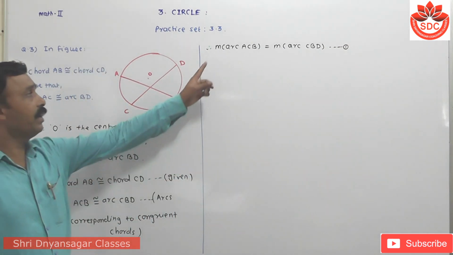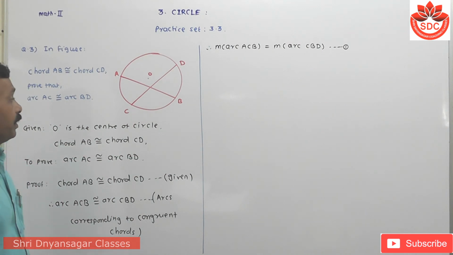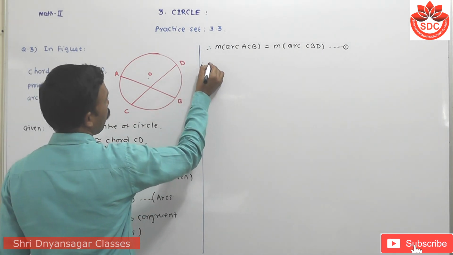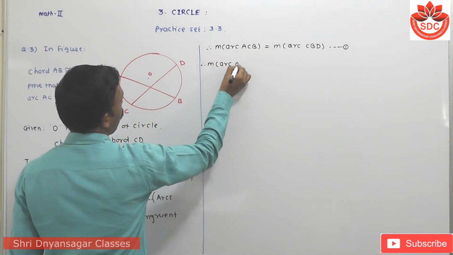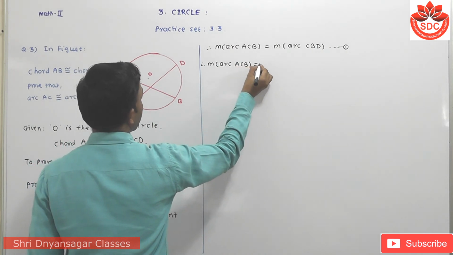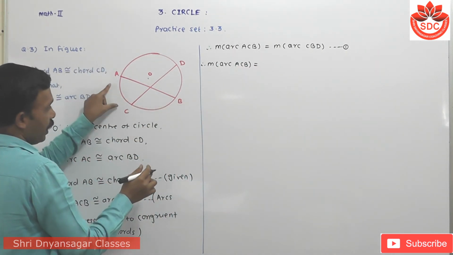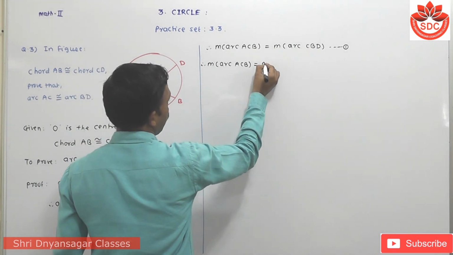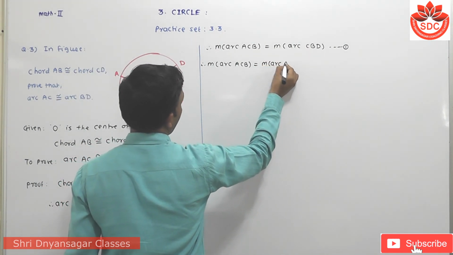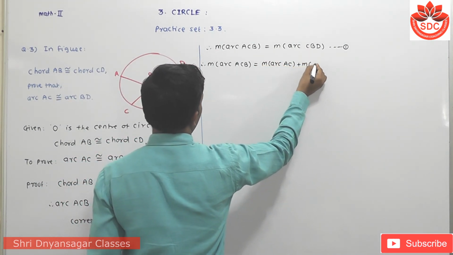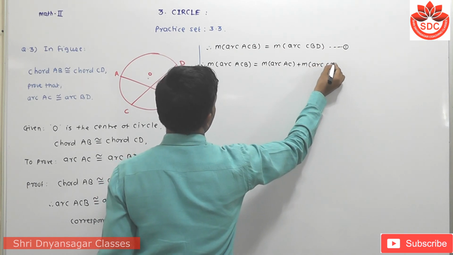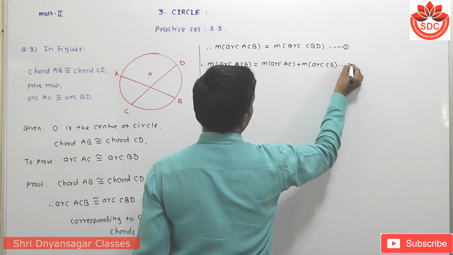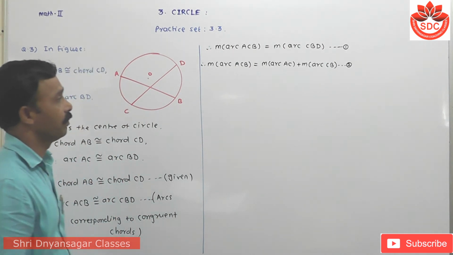Now first I have to find out the value of the measure of arc AC. Measure of arc ACB is equal to AC plus CB, that means measure of arc AC plus measure of arc CB. This is equation number second.